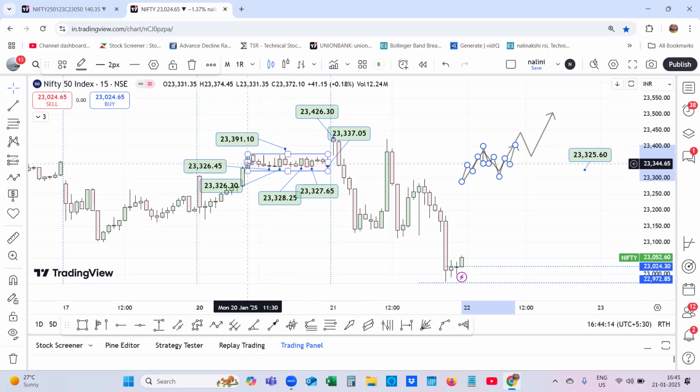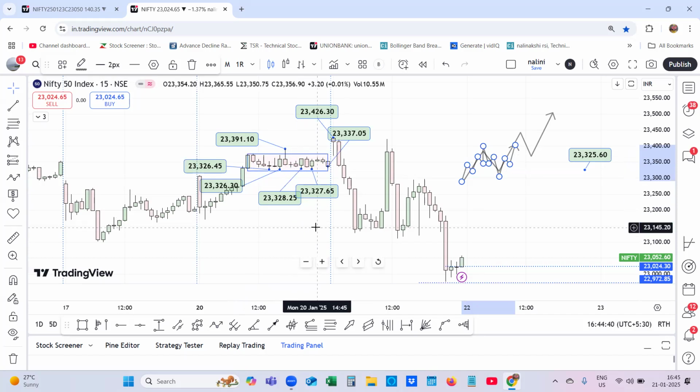The market made a high and went up to 23,391, or if I place the cursor, it is showing 374. And it started moving sideways within the range between 326 to 391, almost approximately a 70 points range in the market.